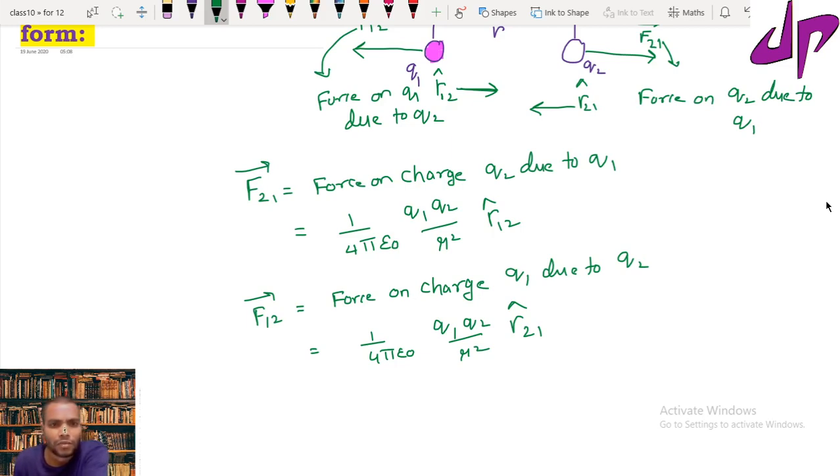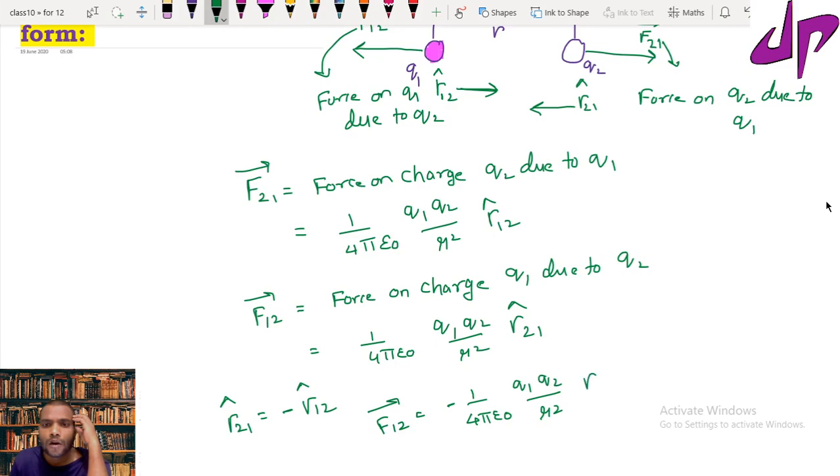So we can replace r21 cap with minus of r12 cap, because these two unit vectors are the same in magnitude but opposite in direction. Therefore, F12 changes to minus 1 over 4 pi epsilon naught, Q1 Q2 by r square, into r12 cap.